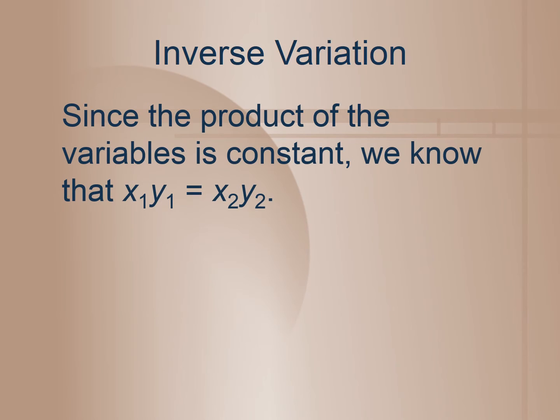All right, so for an inverse variation, since the constants are the same, we can also set those equal to each other. So for example, x1 y1 should be the same as x2 y2, since they're both supposed to equal the same k value. And since that's the case, we can use those to solve problems.